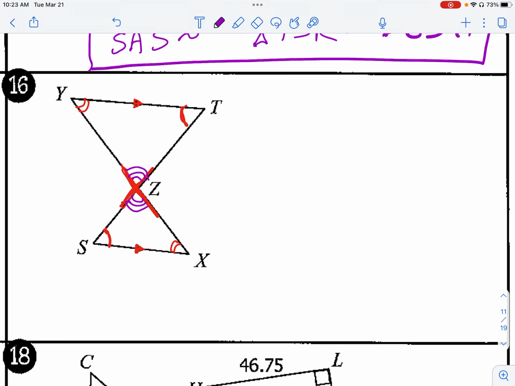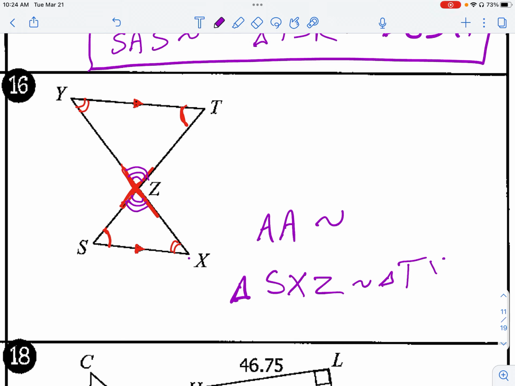So quite clearly, we got angle similarity. Let's write our similarity statement. So let's go S, X, Z from 1 to 2 to the middle. And that's going to be similar to triangle T, Y, Z from 1 to 2 to the middle. Hopefully you got that. I'm assuming you did.